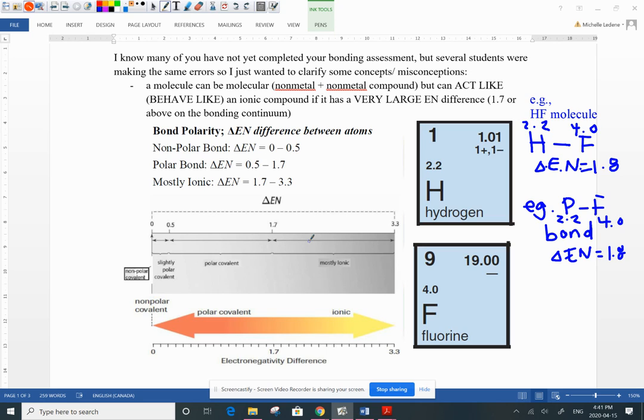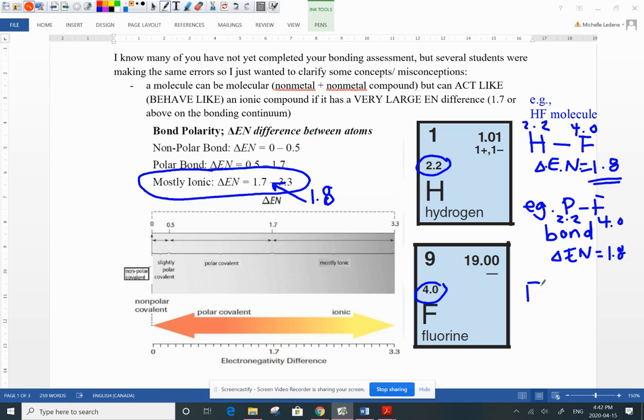And so looking at the electronegativity differences between hydrogen and fluorine, 2.2 to 4.0, we look at our bonding continuum and we see that it actually falls within this range. When we do that calculation, it is 1.8, which is in the ionic range. So even though it's a molecular compound, it acts like an ionic compound.